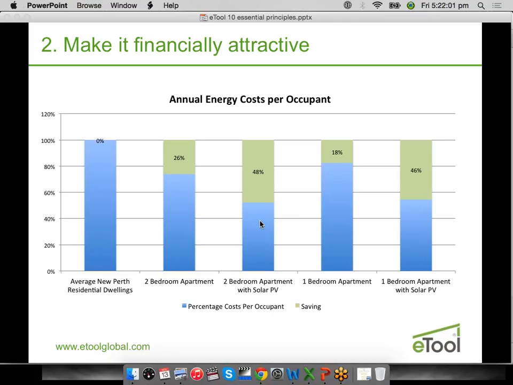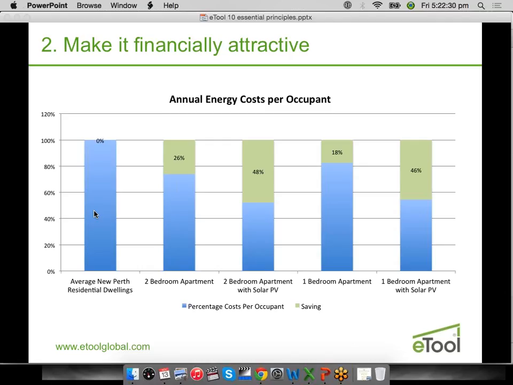For this project with Psaros, they have a 2 kilowatt PV system for each 2-bedroom apartment, and there are the energy efficiency features, energy monitoring, solar hot water. They drop the annual cost for the occupant by half. So 50% savings compared to the average Australian dwelling.